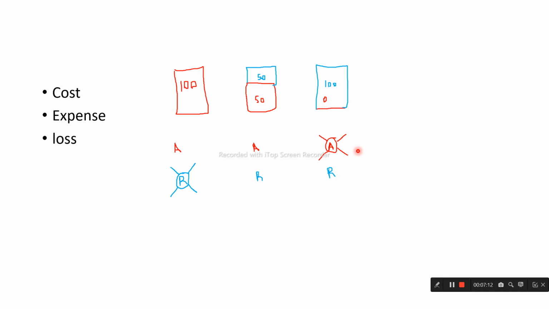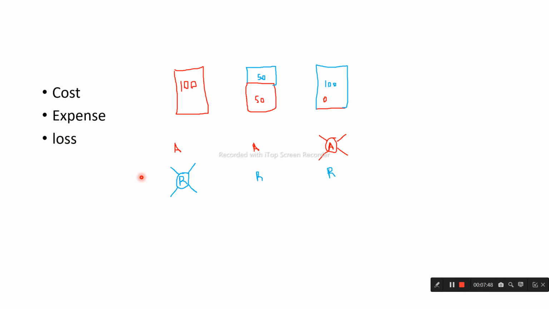The asset is destroyed due to the accident, and we have no revenue here either, because we haven't gotten any benefits from it. The asset is completely destroyed without giving the service, or without us earning the benefit or the revenue. As long as there is no revenue, we do not have an expense, so we can say that a loss has happened.